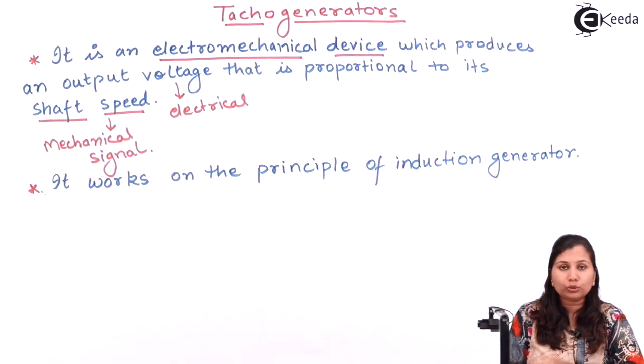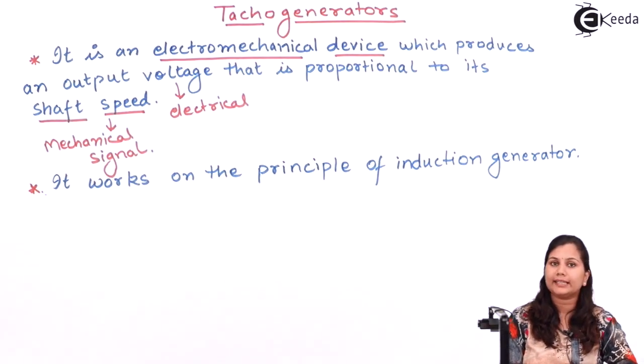Now there are two types of tachogenerators, AC tachogenerators and DC tachogenerators.